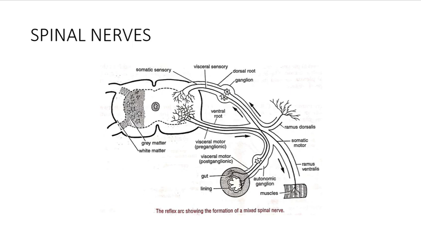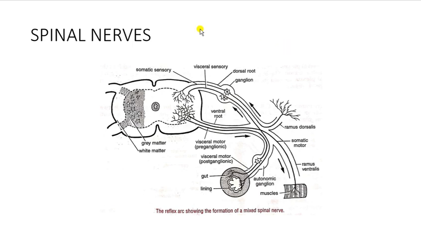Each spinal nerve arises from the spinal cord by two routes, a dorsal root and a ventral root. The dorsal root is composed of somatic sensory and visceral sensory fibers.